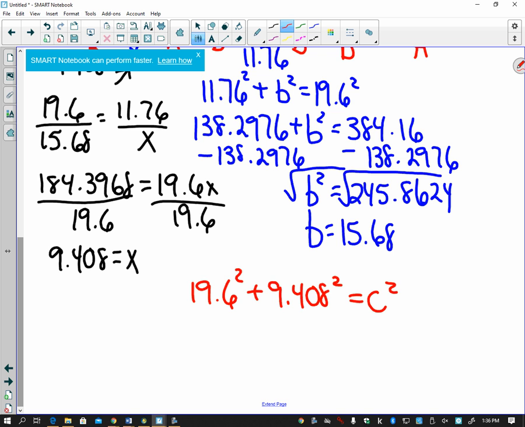What's 19.6 squared? 384.16 plus 9.408 squared. Chances are we won't need to run the decimal point out that far, but let's go ahead and add 384.16 to 88.5104.